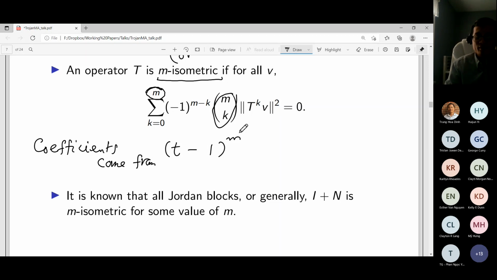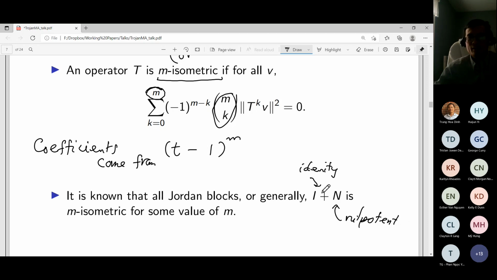In general, whenever we have an identity matrix, this is I for identity, and we add a nilpotent, then the sum is always m-isometric for a certain value. It depends on the degree of the nilpotent. What is the power we need to raise it to, to get 0?